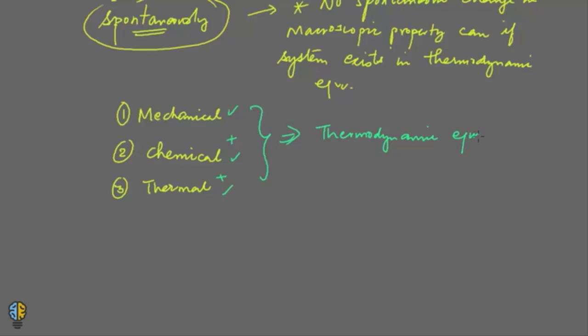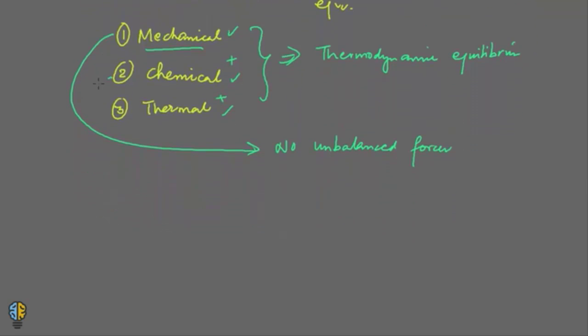Now we all know what we mean by mechanical equilibrium. Mechanical equilibrium means that there are no unbalanced forces in the system. And if we talk about chemical equilibrium, we can say that the rate of forward reaction is equal to the rate of backward reaction.